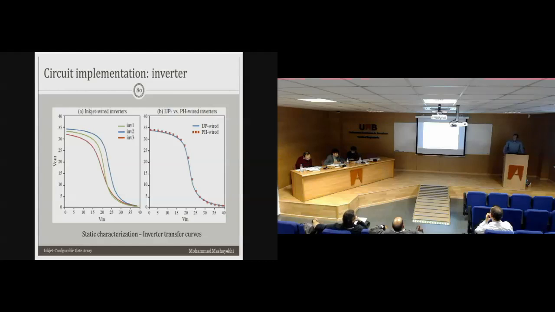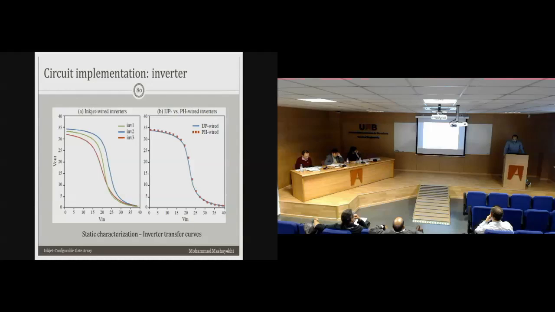And we see that there is a slight variation in the static behavior of the inverters, and this is due to the fact that they are being wired on different corners of the IGA, and the parasitic effect of those wiring cells is affecting a bit the drive to load ratio of the transistors and the output curve.